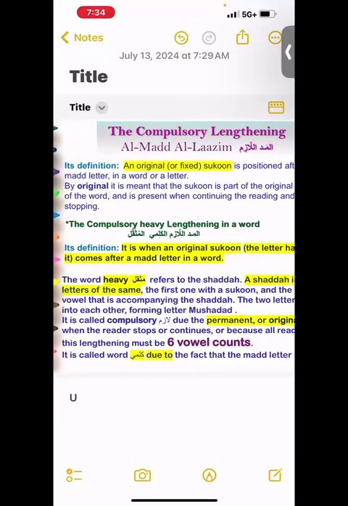Like if I say Alhamdulillahi Rabbil Alameen, I'm presenting the meem in Alameen with a sukoon and I'm stopping there. That's why that sukoon is a presented sukoon. But here they are saying it's an original sukoon that is already there on the word. You're not presenting the sukoon.